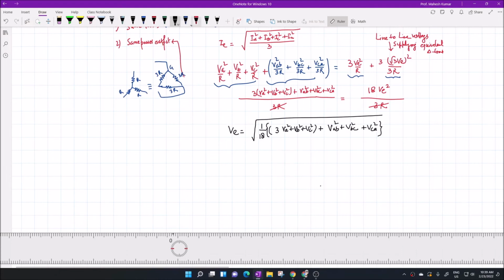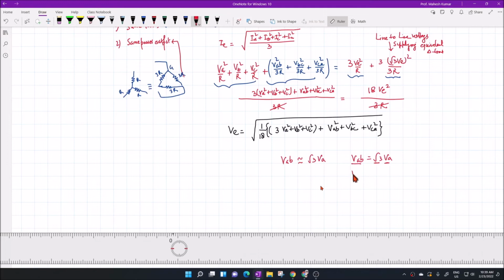Now if you want, you can approximate that VAB is approximately equal to root 3 VA. In case of balance, of course, VAB is always equal to root 3 VA. The RMS line to line voltage is root 3 times of phase voltage.